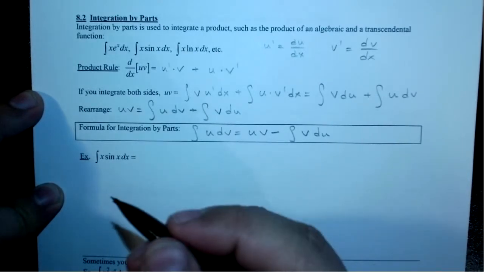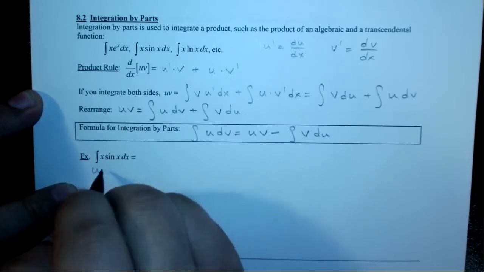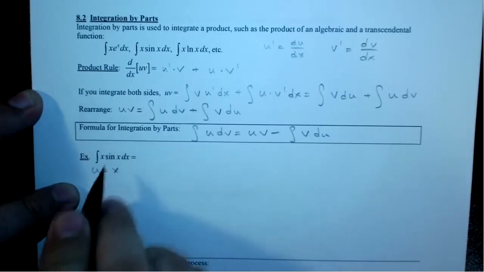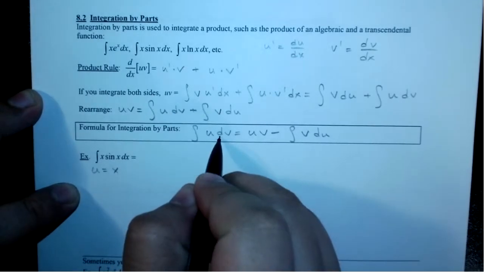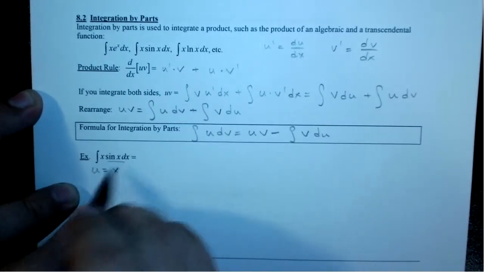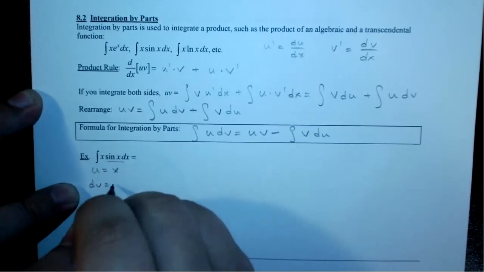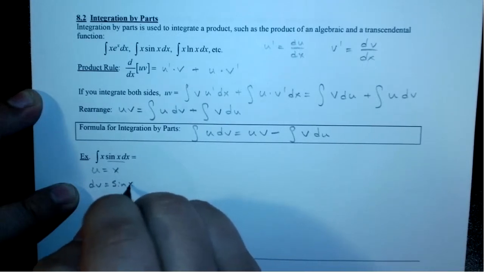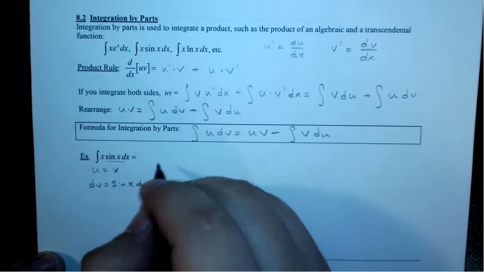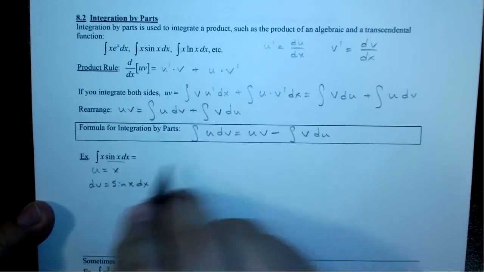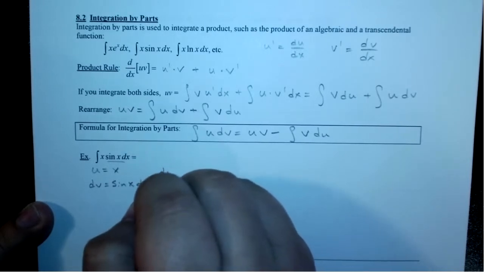So when we worked this one out, we defined u as x, because that's our first part in the u dv, and therefore the dv part has to be the rest of it. Okay, so that means dv is equal to sine of x dx. And so we need to know what du is, because we're going to plug that in later.